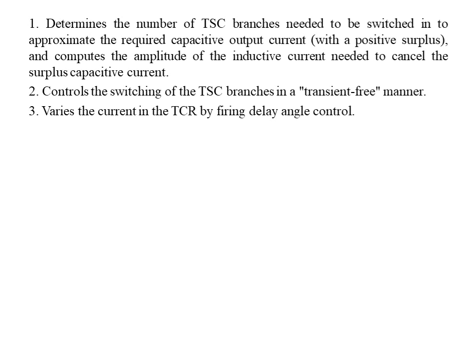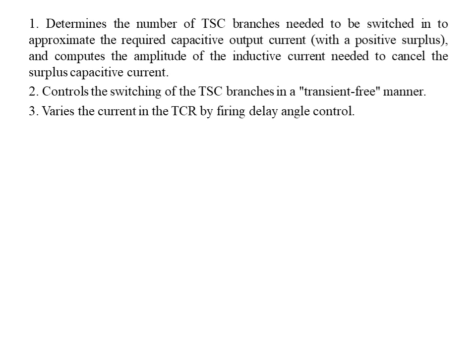The functions from the control diagram are: first, it determines the number of TSC branches needed to be switched in to approximate the required capacitive output current with positive surplus, and computes the amplitude of inductive current needed to cancel out the surplus capacitive current. Second, it controls the switching of TSC branches in a transient-free manner.